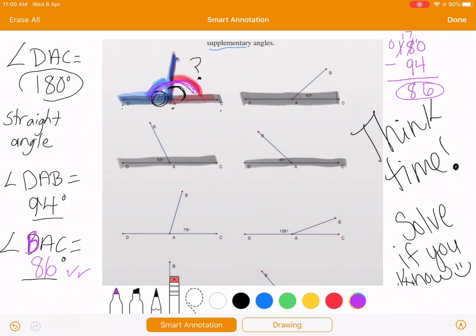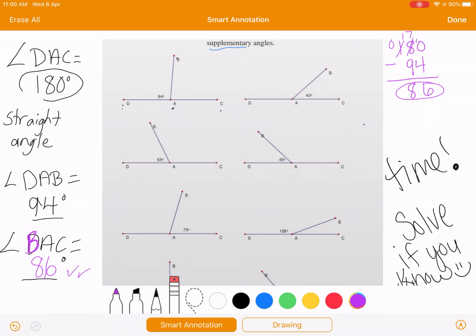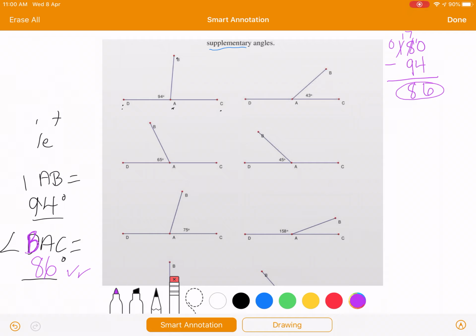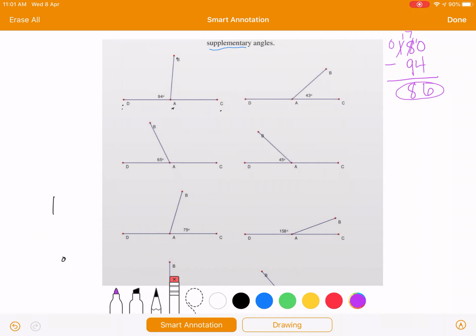So my question to you is, how can we use this information to solve for the angles that we don't know? How can we use a straight angle to figure out all of the unknown angles on our work today? I'll show you really quick.